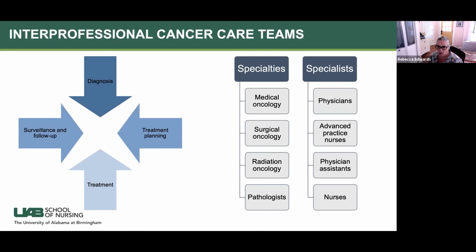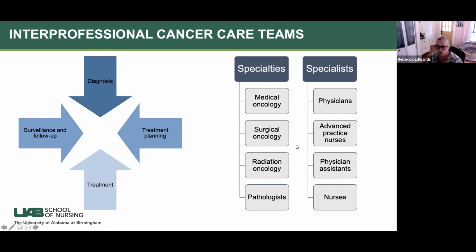And then surgical oncology, who would go in and remove any cancer surgically, radiation oncology to try to localize radiation effect to a tumor or to a region, and pathologists who are also involved with determining the exact pathologic makeup of the cancer itself.